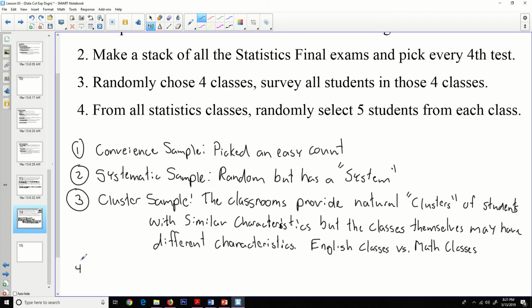And finally, number four, from all the statistics classes, randomly select 5 students from each class. So this is a stratified sample.